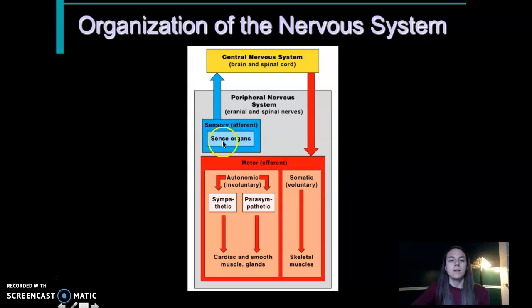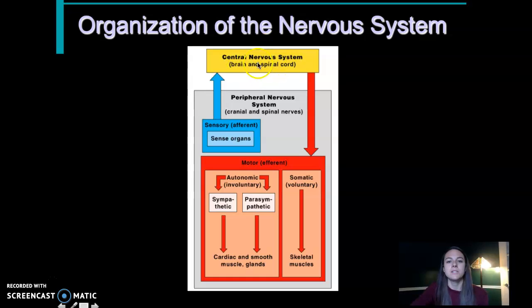So our sense organs, meaning our skin, our ears, our taste buds, our nose, anything that receives signals from the outside world and carries them to the brain, would be sensory neurons. They carry those, and that would be part of the peripheral nervous system. They carry information to the central nervous system, which is the brain and or the spinal cord.